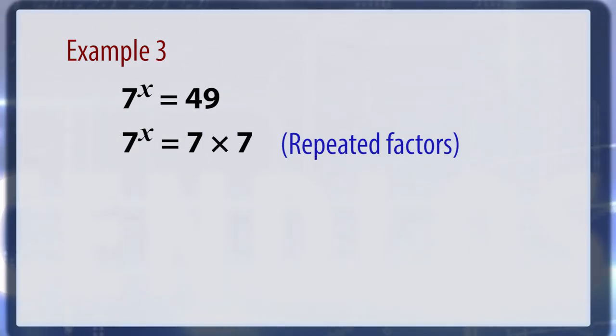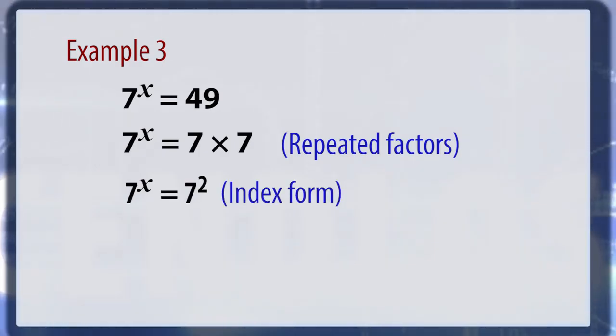So we are going to replace the 49 by 7 squared. So we have 7 raised to the power x to be equal to 7 raised to the power 2. These two sides are equal. The bases are the same. So we can very easily conclude that x is equal to 2.